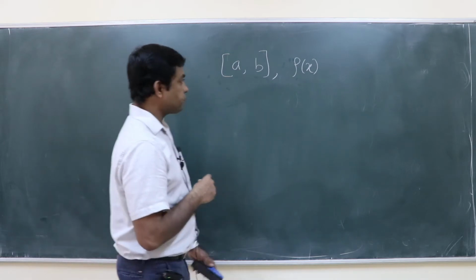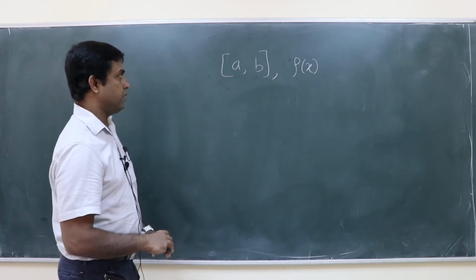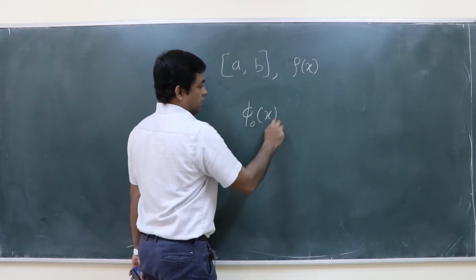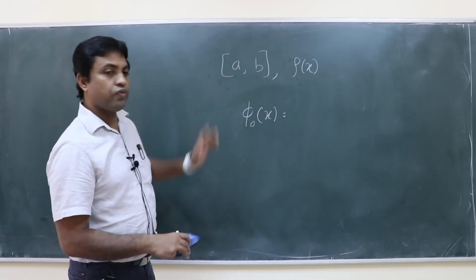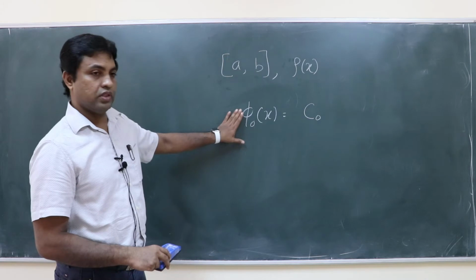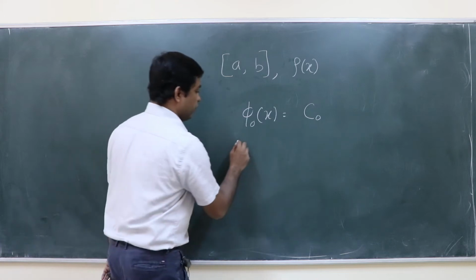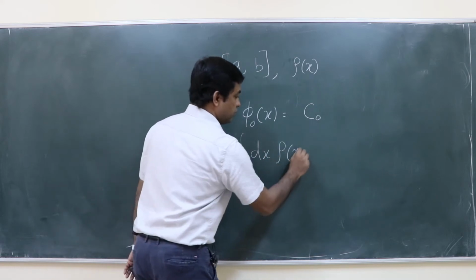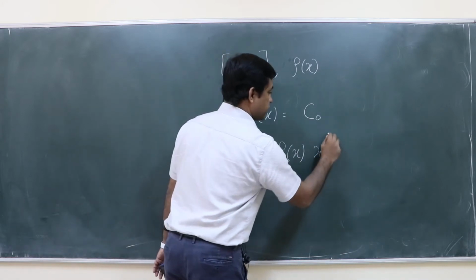So I have a weight function rho of x and the interval a b. Obviously, phi 0 of x has to be fixed. So you take phi 0 of x equal to some constant c0, because this is a polynomial of order 0. Now I can find the moments with respect to rho of x, x raised to k.